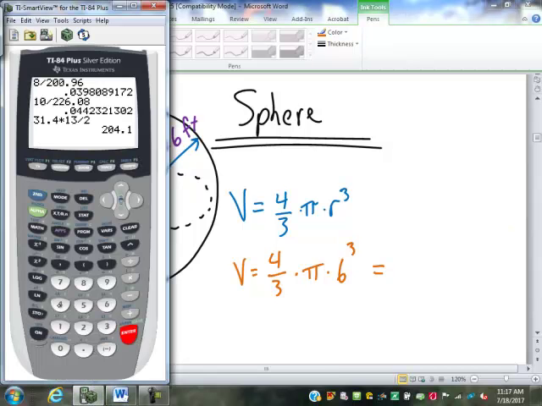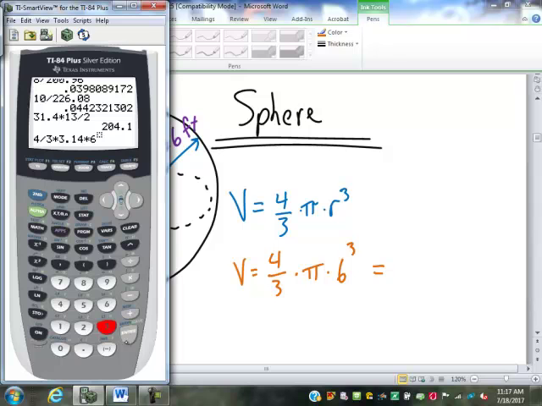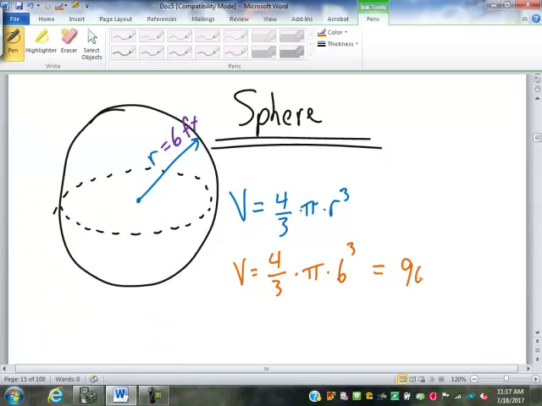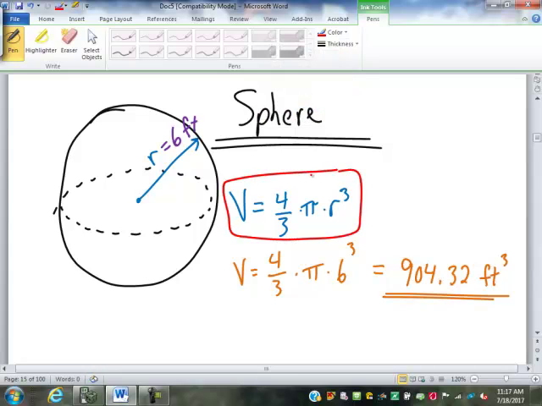To punch out the calculator, just do 4 divided by 3 times 3.14 times 6 to the power of 3. So 904.32. That's going to be feet cubed for volume. So that formula needs to find a special spot in your notes where you can find it easily.